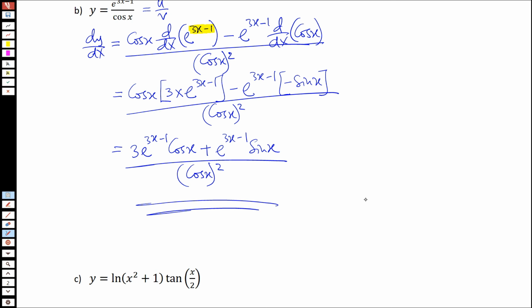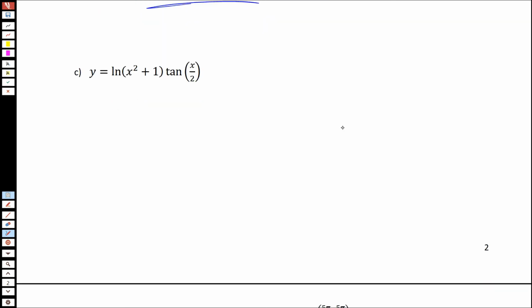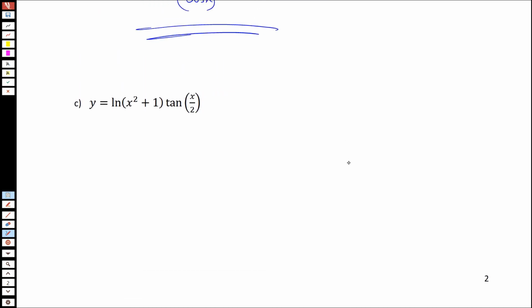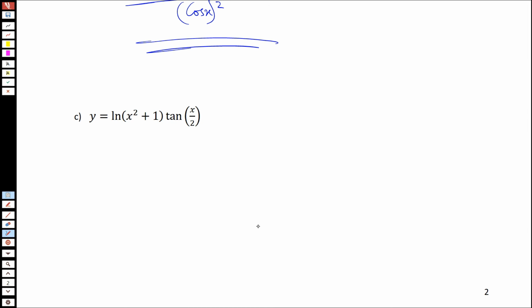Okay, moving on. Part C of this question. We have a product of two functions, which is ln of x squared plus 1 and tan of x over 2. So what you're going to do here is basically apply the product rule.